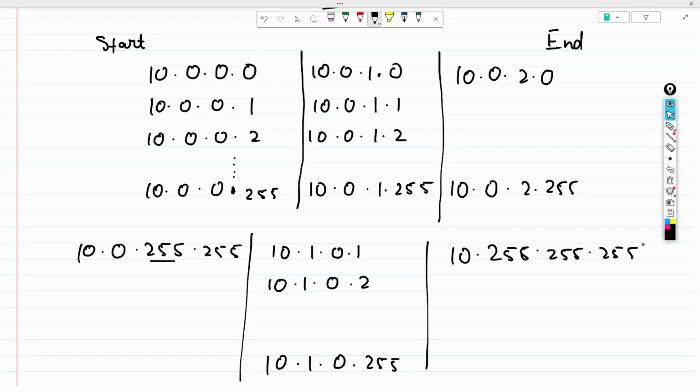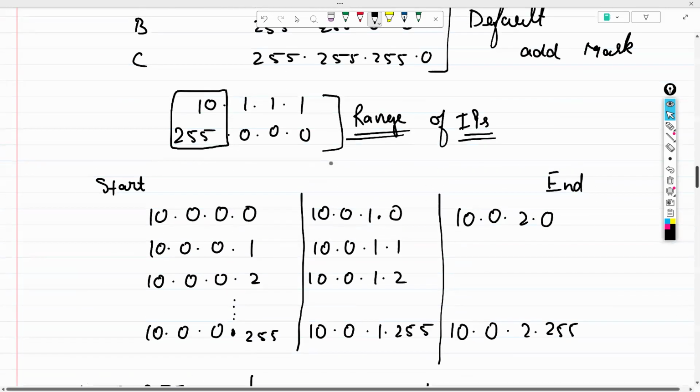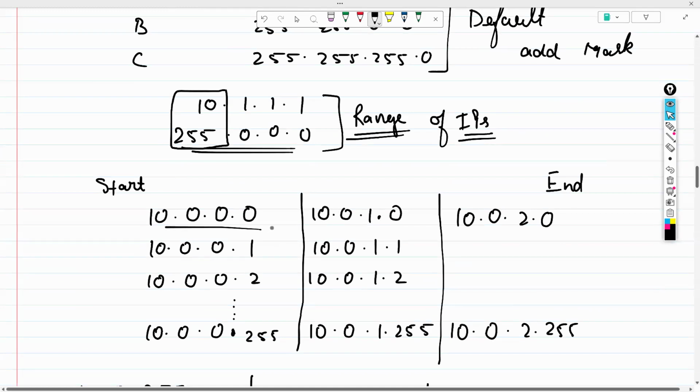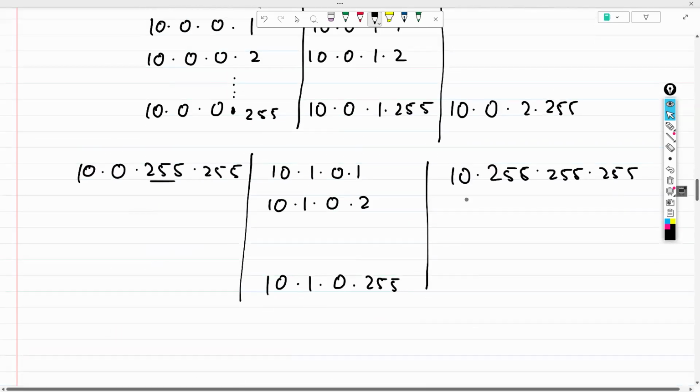So your IP address range for a class A IP address with this address mask is extremely huge. Your IP address starts from 10.0.0.0 and it goes up until each and every number in these 3 octets goes to 255.